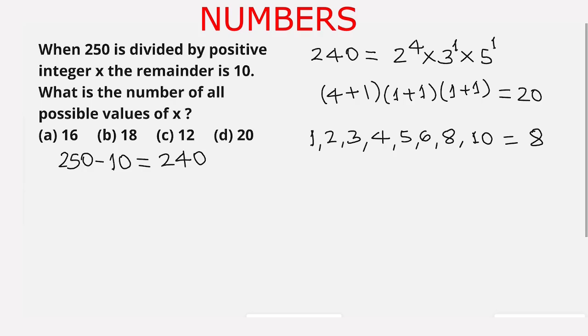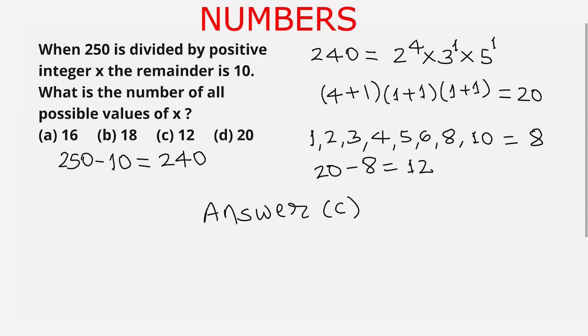So the factors which have a value more than 10 are 20 minus 8, equal to 12 factors. So there will be 12 factors which have a value more than 10, and all these 12 factors are the possible values of x. And from the given options, our answer is option C, 12.